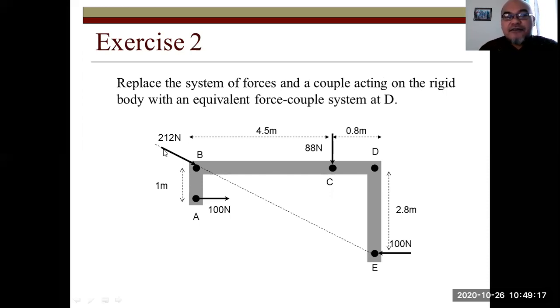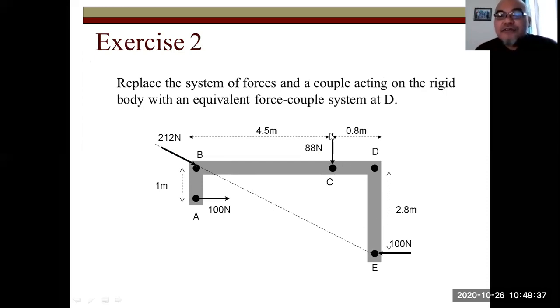Force at point B, 212 Newton, whose line of action is directed towards point E. 100 Newton here at point A and 100 Newton at point E, opposite to each other, and their lines of action are parallel. So we know that this is a couple.